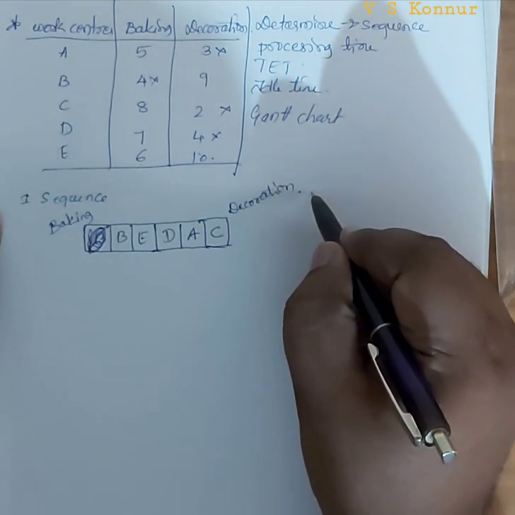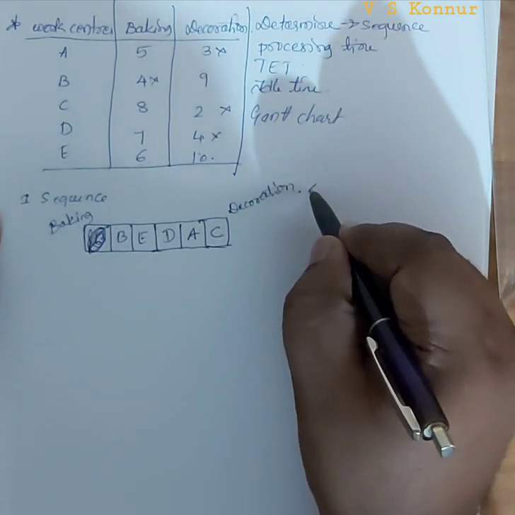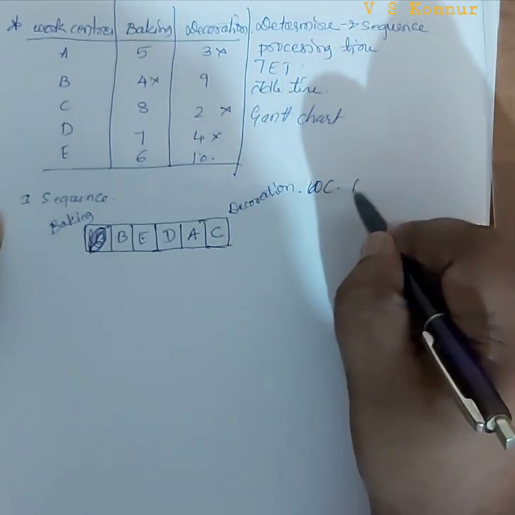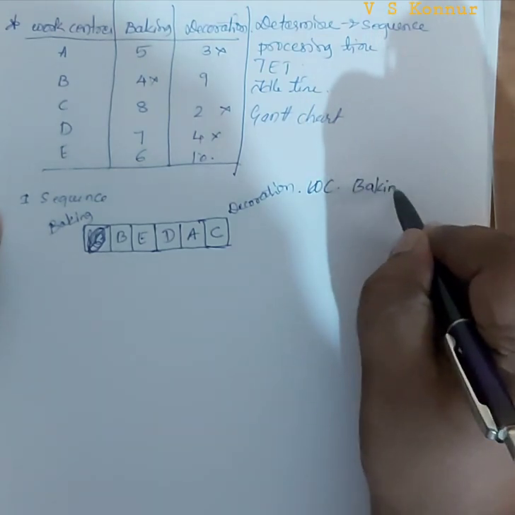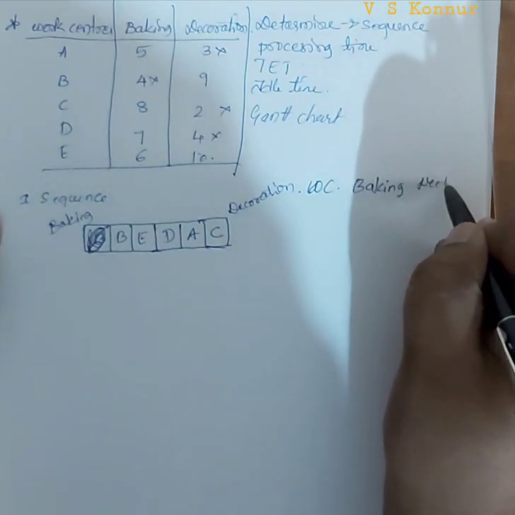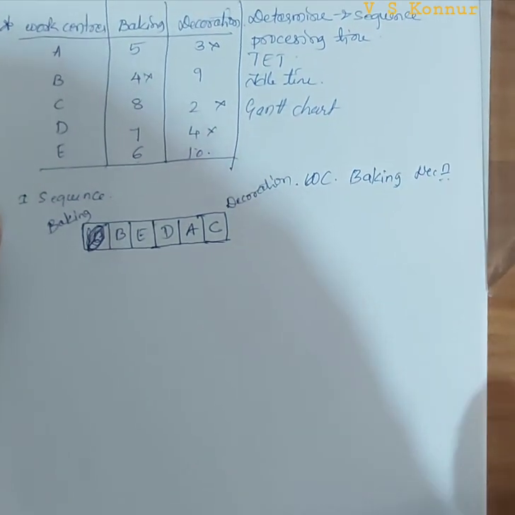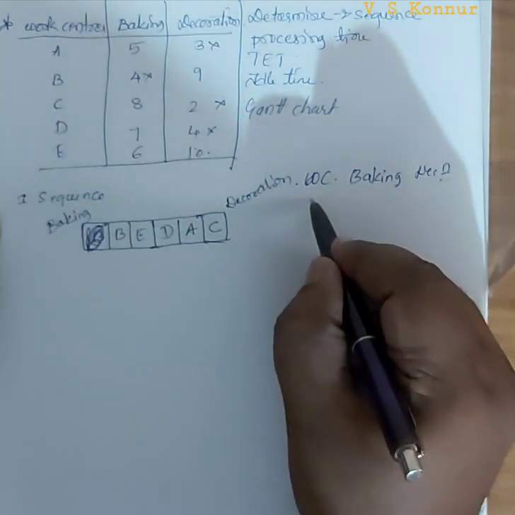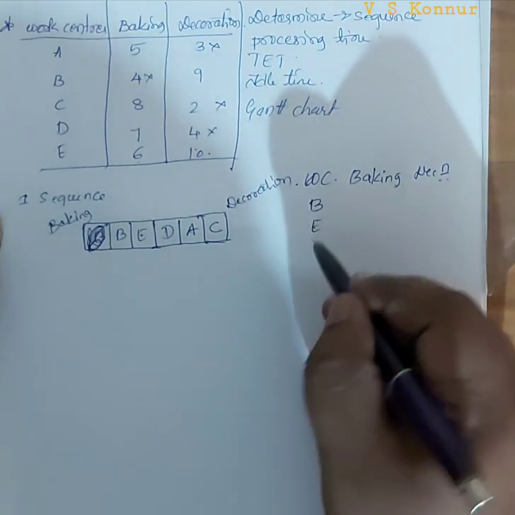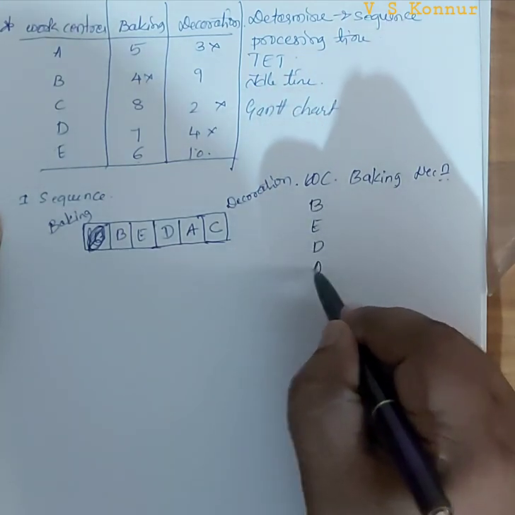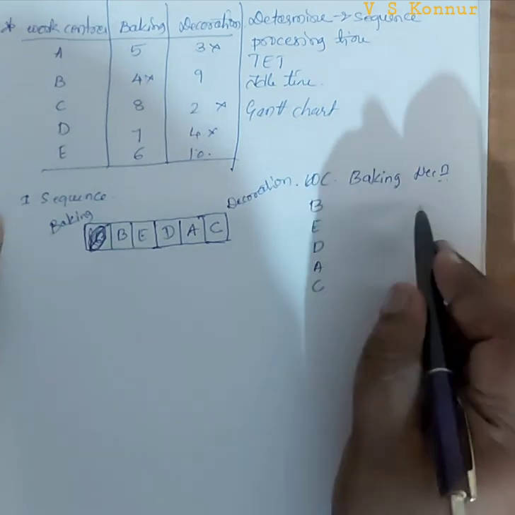Now we'll write the job or work center, then for baking, then for decoration. Now what I will do, we'll write these work centers BEDAC according to sequence, then we'll write the time.